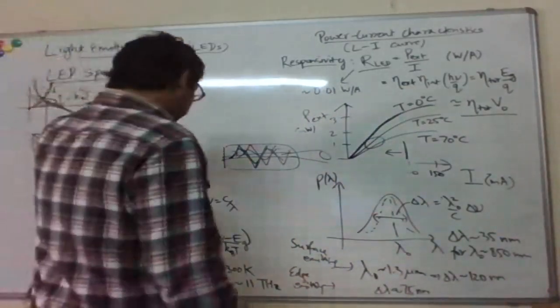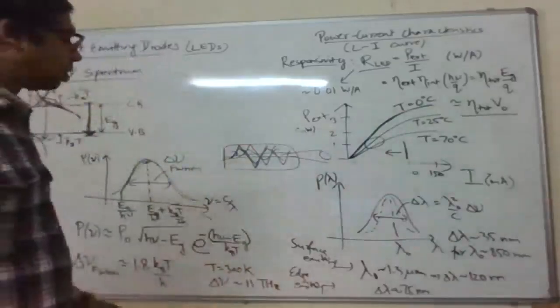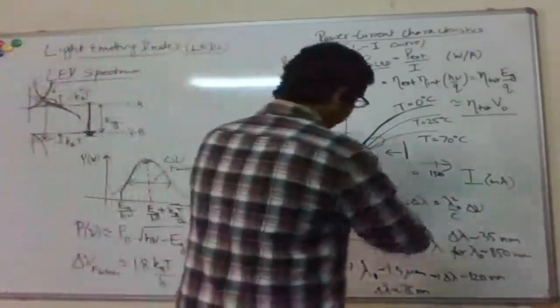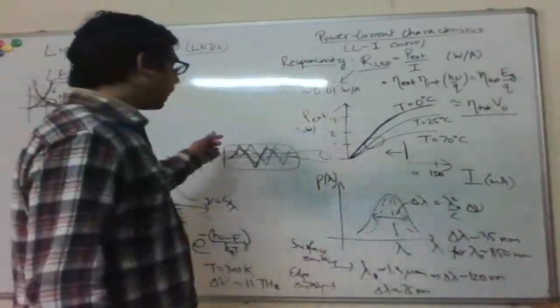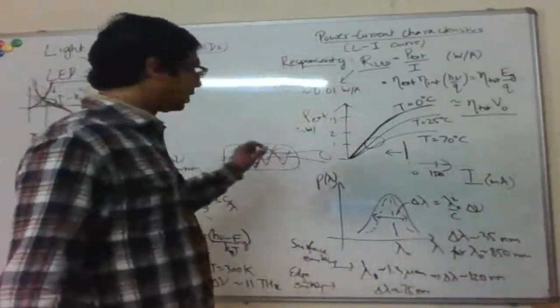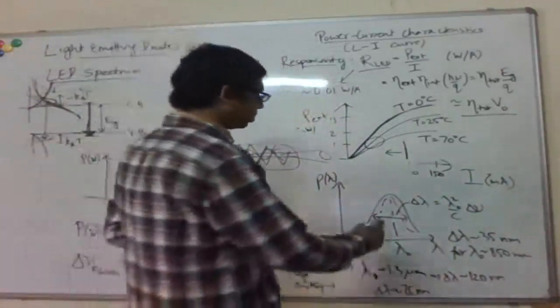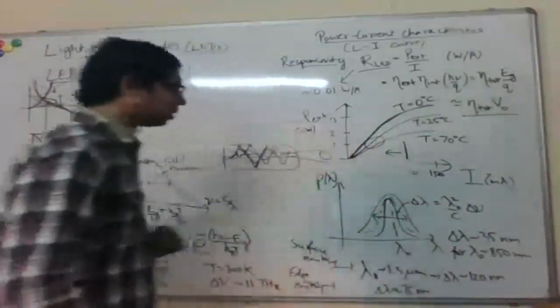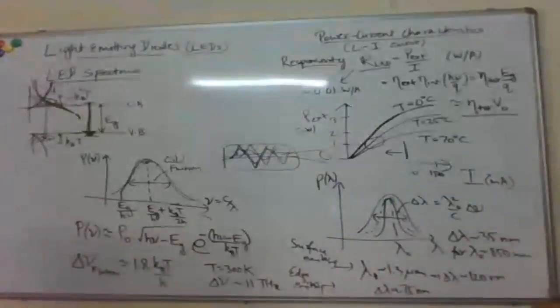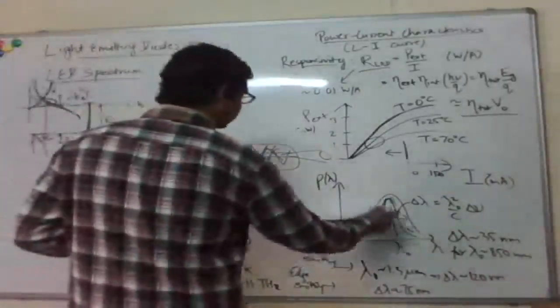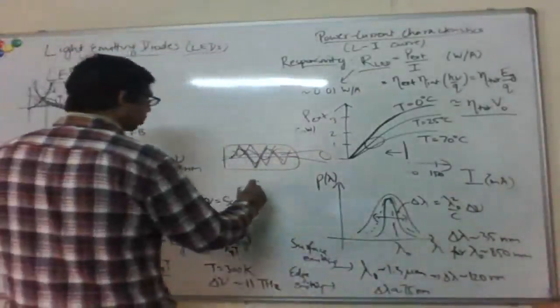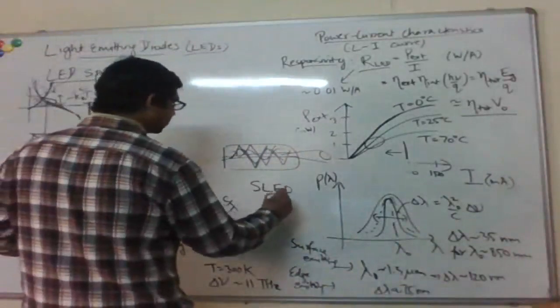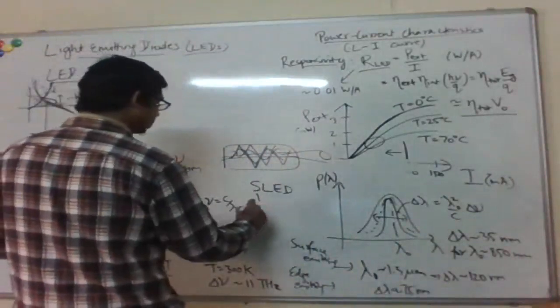And there are again some tricks that people can play to make this narrower. So try to introduce some internal absorption within the device itself to cut out these other wavelengths, and preferentially emit here. So they are called superluminescent LEDs or SLEDs.